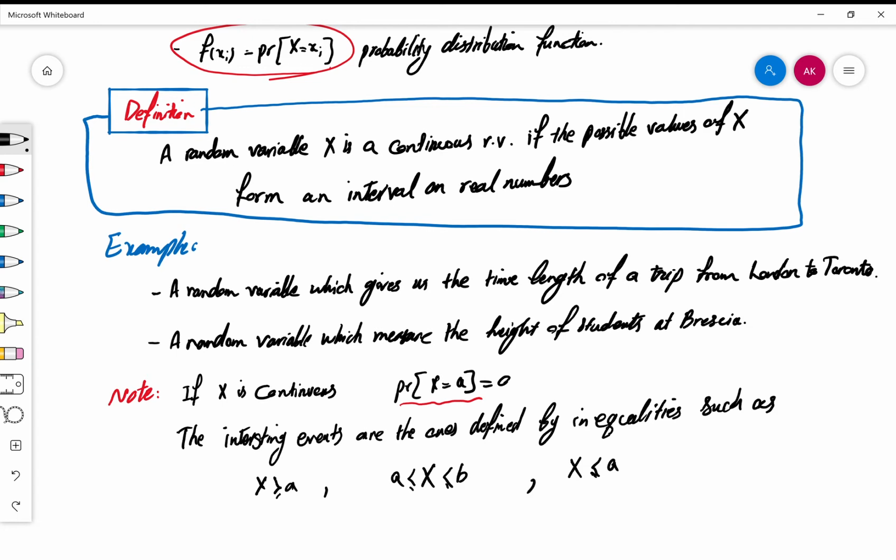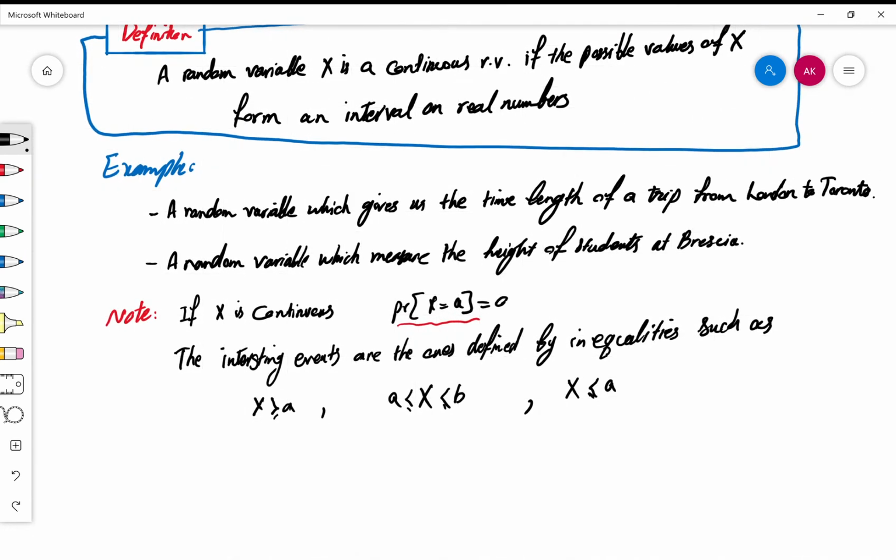So these are the events which are more interesting in this case. And then the PDF for the continuous one is defined this way, okay?